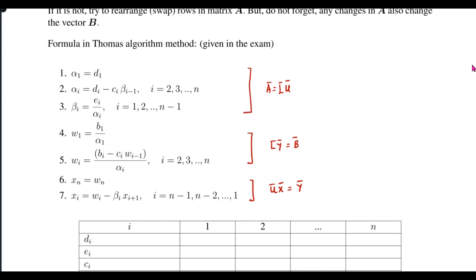When it comes to computer programs, when you want to solve a large system using the Thomas algorithm, it is easier for us if we can write the programming code based on the algorithm that we have here, the 7 formulas here.